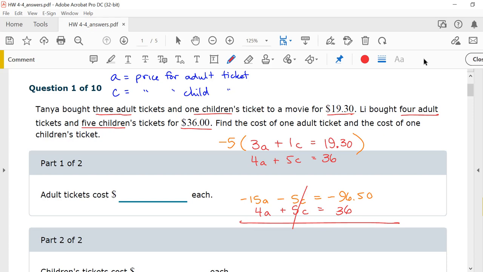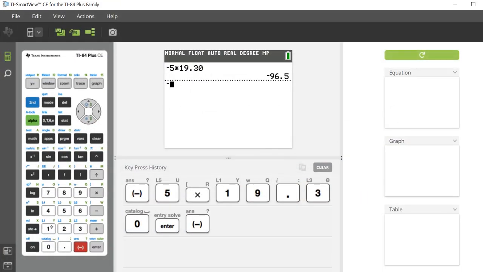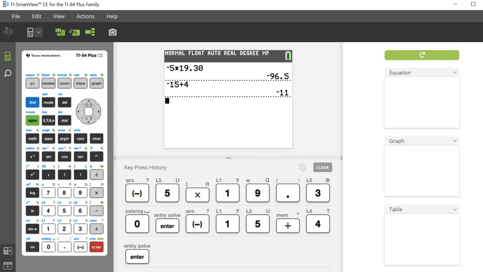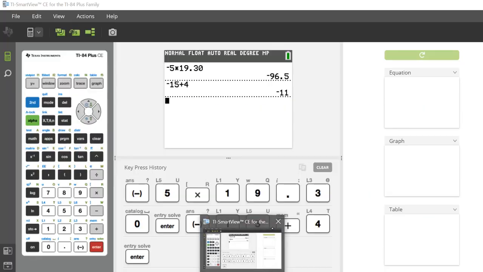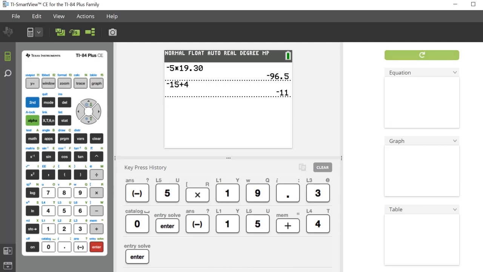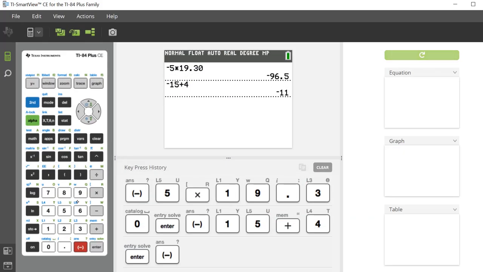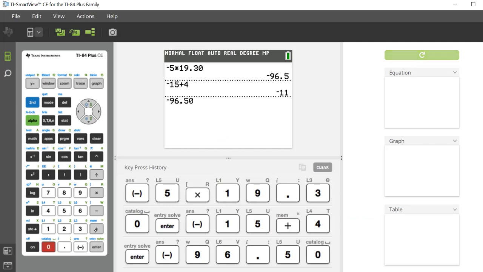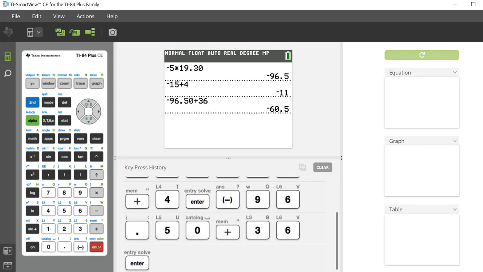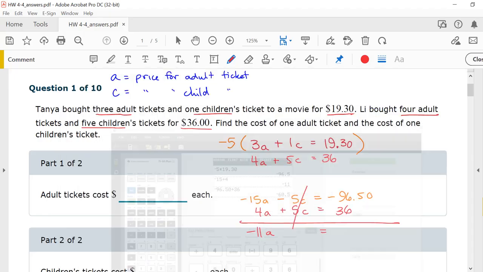My C's are gone. -15A plus 4A is -11A. C's are gone. -9650 plus 36 is -60.50.